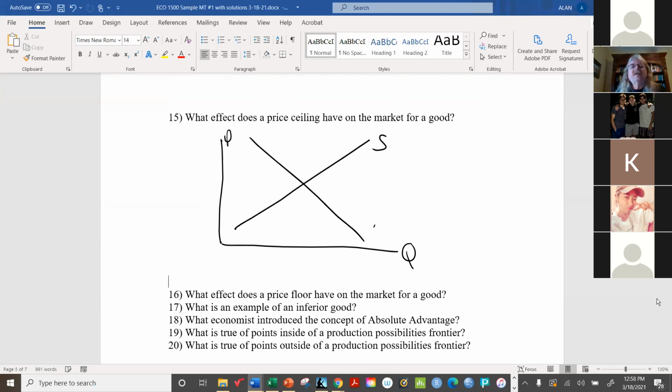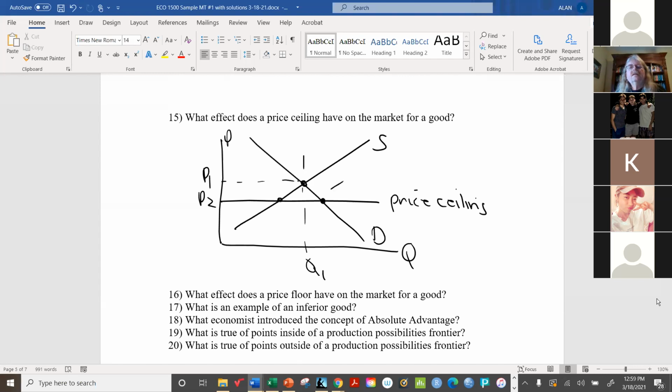And this is a government interference in the marketplace. Here's your equilibrium. And here's the price ceiling. I drew it as a solid line to indicate that it is rigid. And so the key detail here is that down here at this low price, the quantity demanded, this is the quantity supplied, of course.